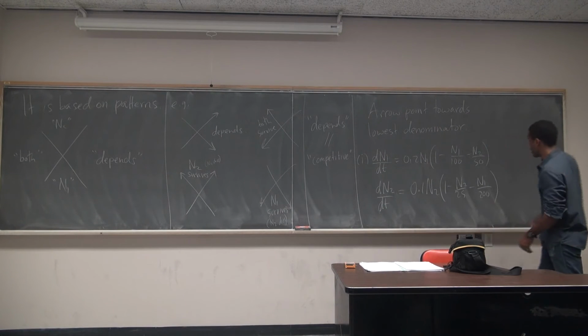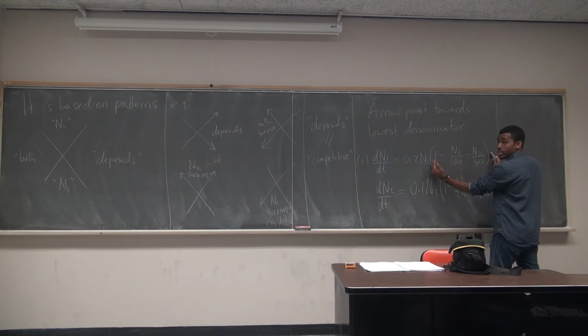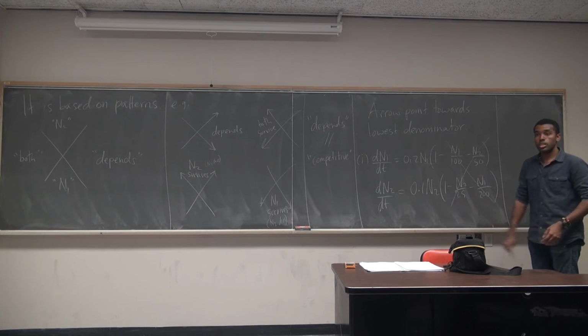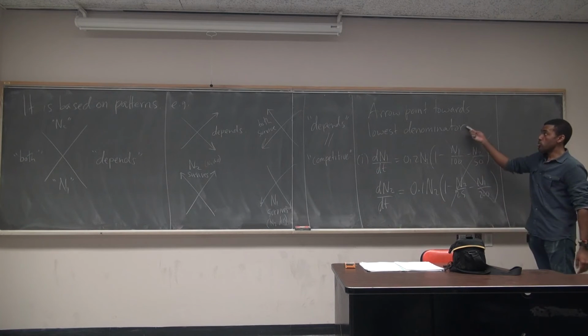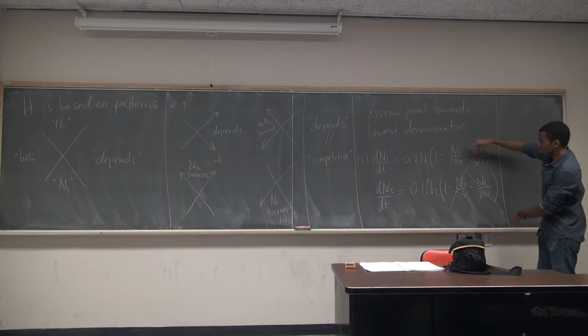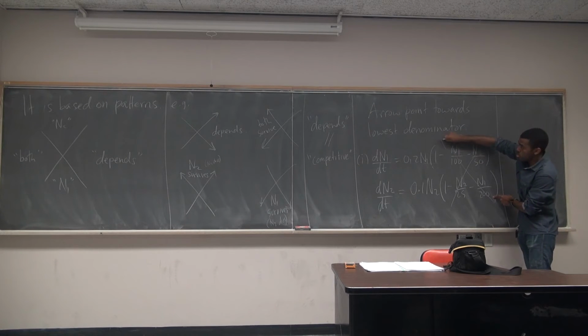So if we're doing Lois method, what would happen here? Look over here, the X is going to go right on top of this. My arrowheads will point towards the smaller denominator. So among these two, whose denominator is smaller? The N1. This one. So my arrow is going to point that way.